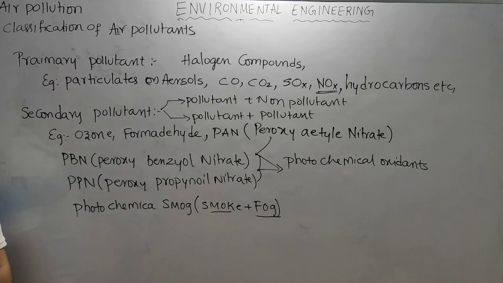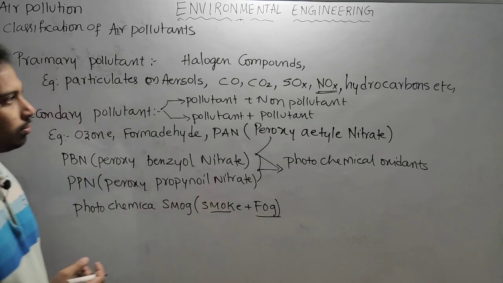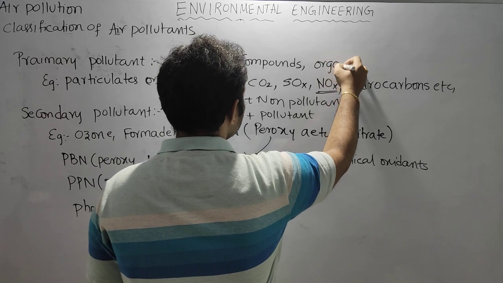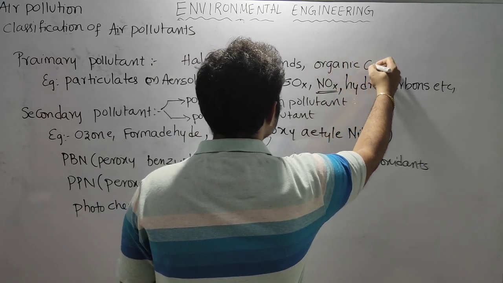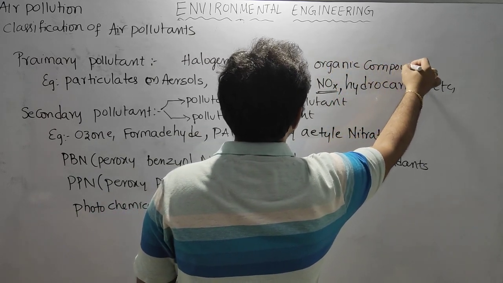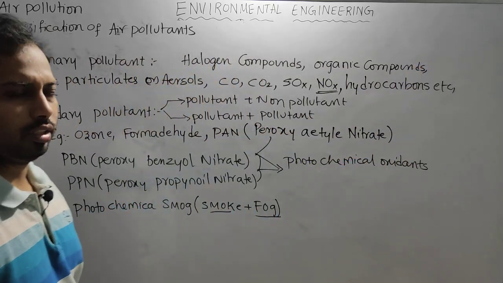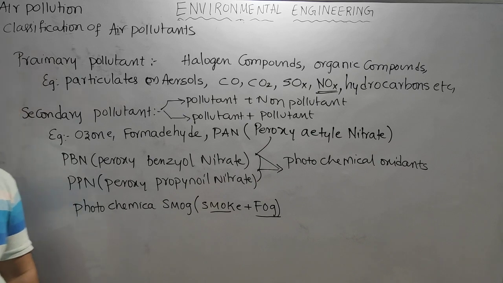That is why halogen group compounds are also considered primary pollutants, and organic compounds are also considered primary pollutants. We can say this as BOD. Organic compound means biodegradable matter, or biochemical oxygen demand, if present; that is nothing but organic matter.